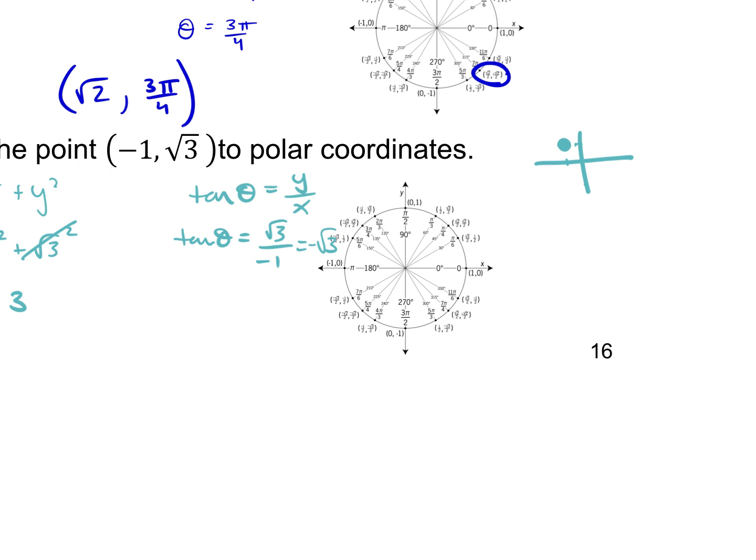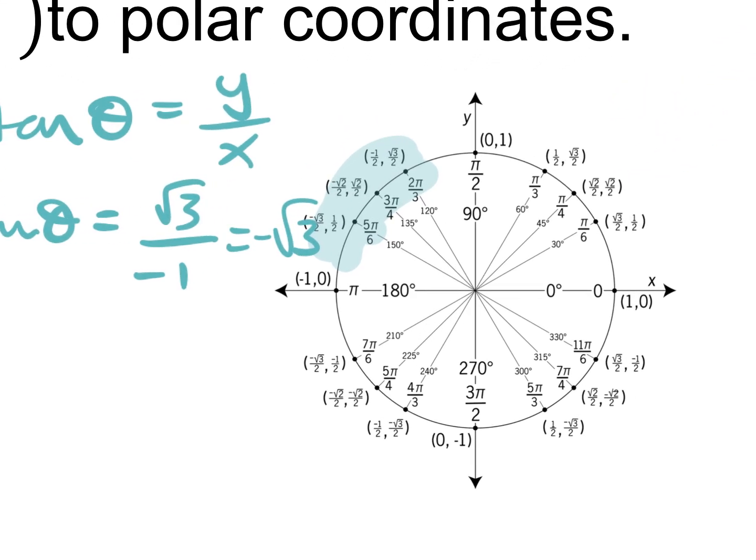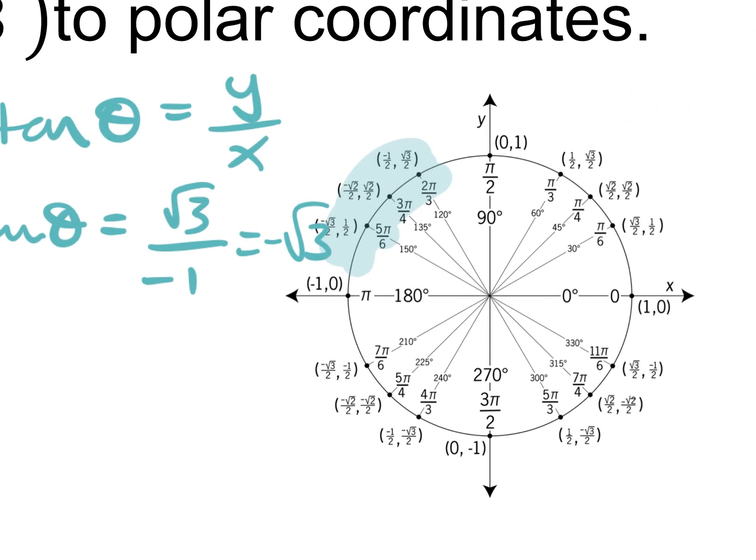So I know that I'm looking at values over here where we can get negative square root 3. If I did y over x, which radian measure would give me negative square root 3? 2 pi over 3. Perfect.